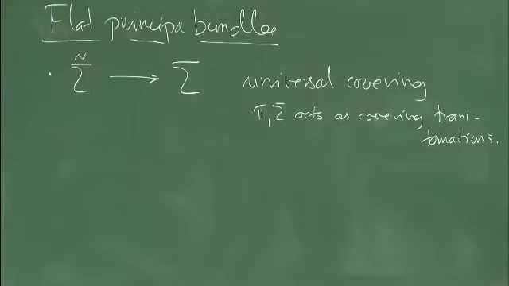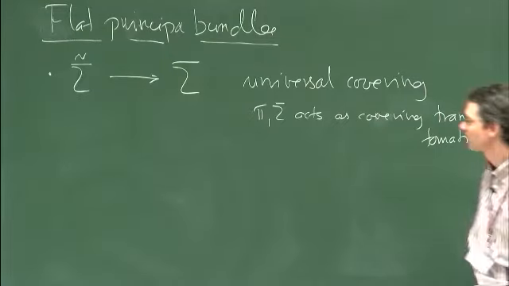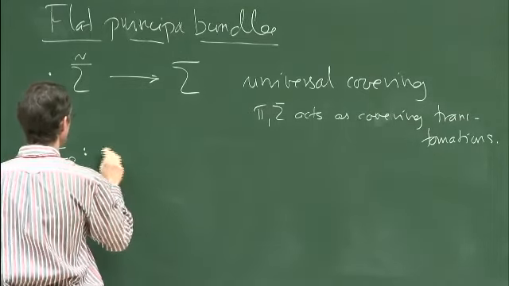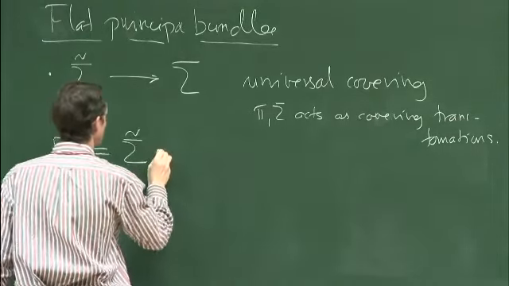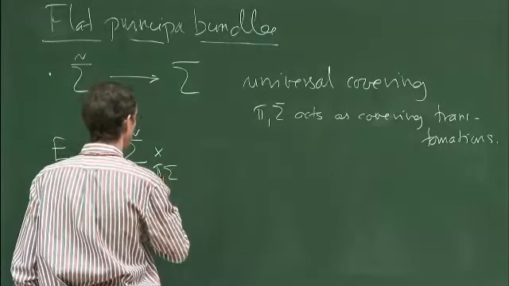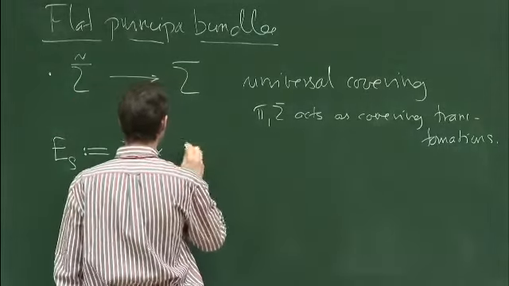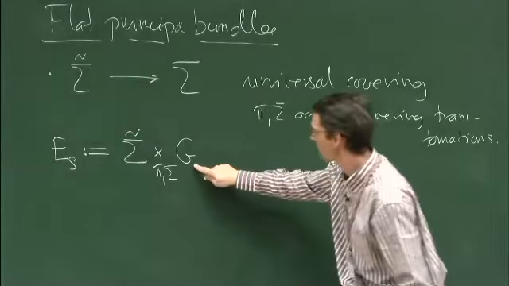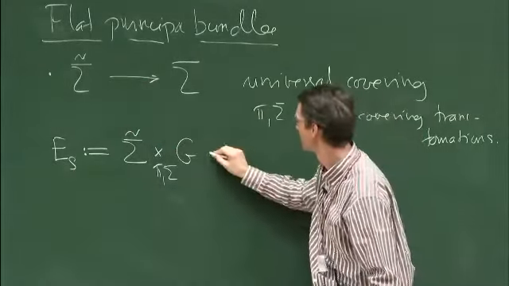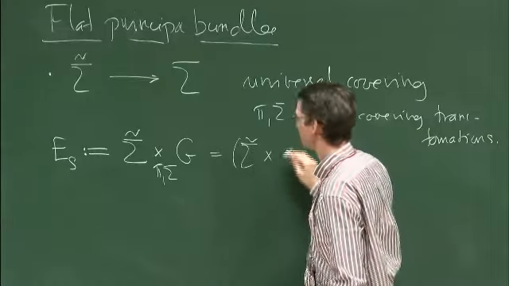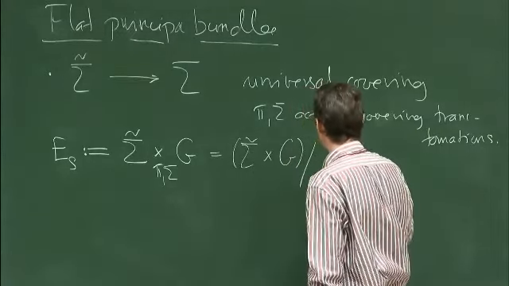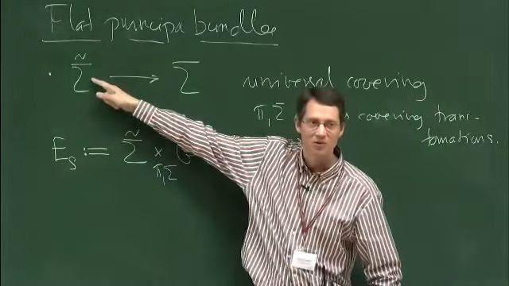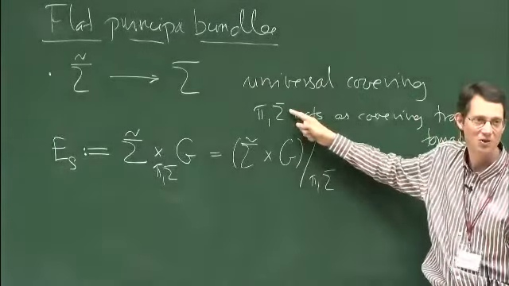So out of a representation, we can build a principal bundle. Let's define E_rho to be the universal covering acted on by the fundamental group, and I'll act on my group G via the representation. So this is just the quotient of the, very much like we saw in Thomas' lecture. We can think of this as a pi_1 of sigma principal bundle.